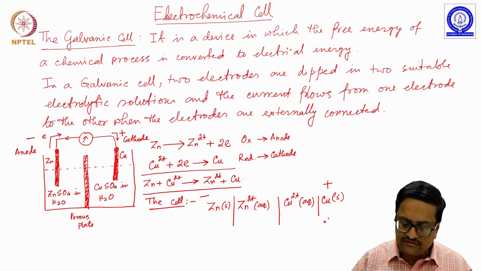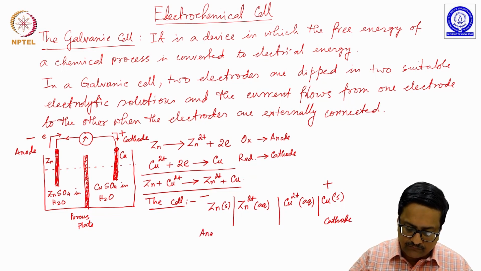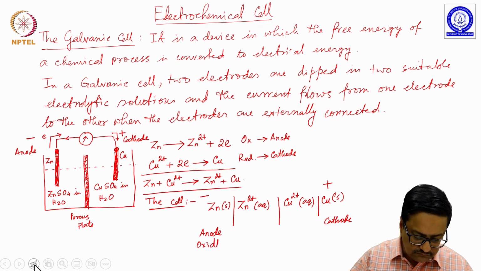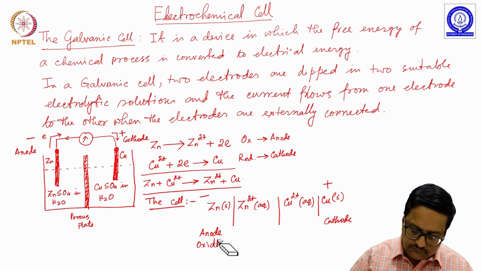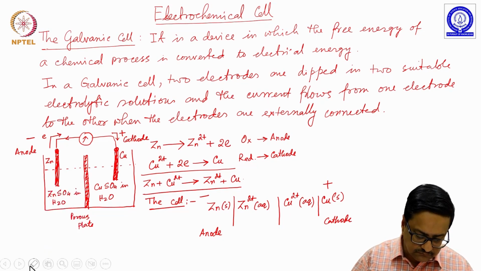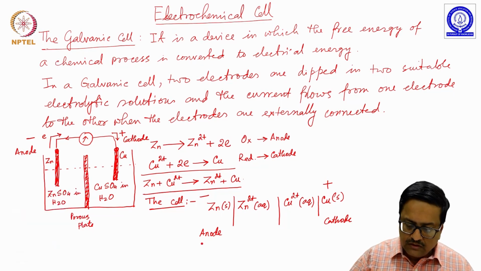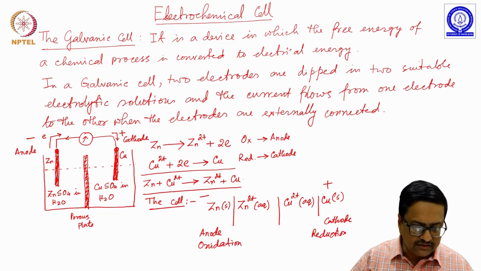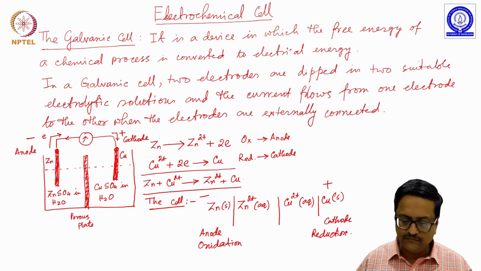This right hand side is cathode and left hand side is anode, as oxidation takes place at anode and reduction takes place at cathode. Hope you are able to understand this.